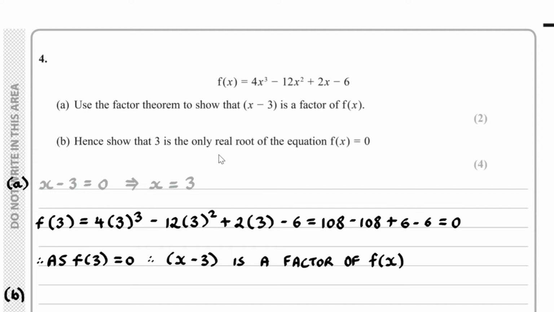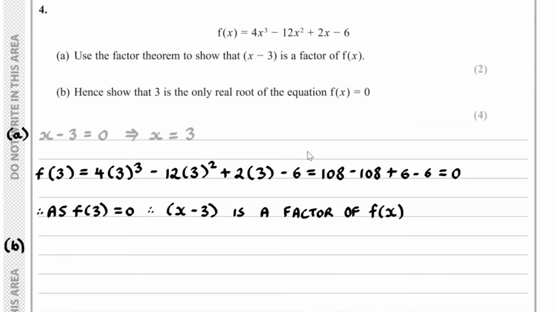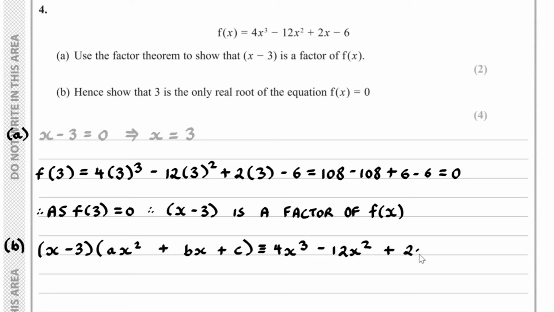Now, for part B of the question, hence show that 3 is the only real root of the equation f of x equals 0. Now, before we do anything else, we would have to factorize the cubic. We know x minus 3 is a factor, and if I multiply x minus 3 by some quadratic, say ax squared plus bx plus c, what I would get is the cubic 4x cubed minus 12x squared plus 2x minus 6.